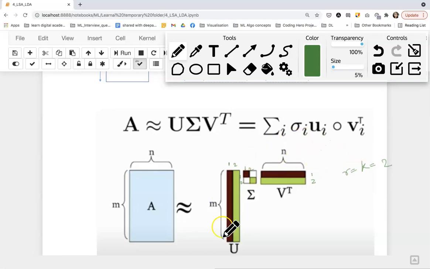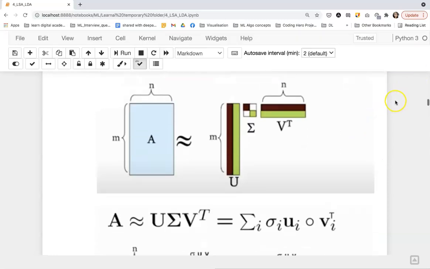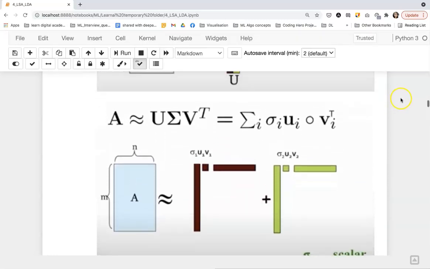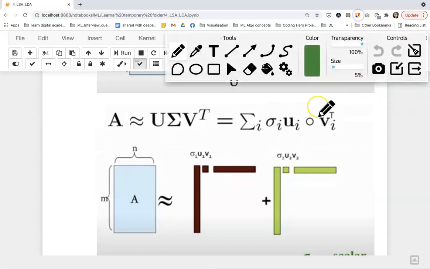Now if we decompose it further, we can write it like this. This is U1 and this is sigma 1, and this is V1, and this one is U2.